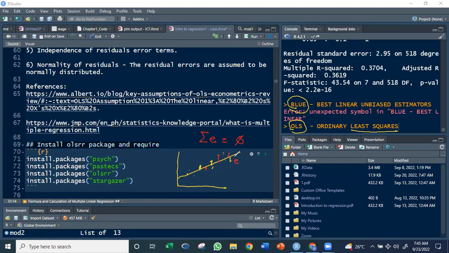Rather, as a basis for the model, we use the error squared. So this line, which is your regression line or the line of best fit, is a unique line, which means there cannot be any other line where the sum of your errors squared are at a minimum.